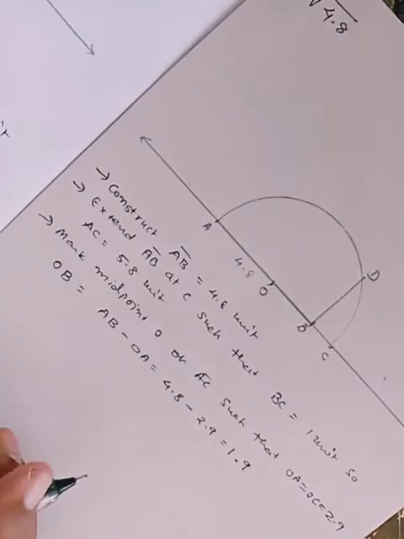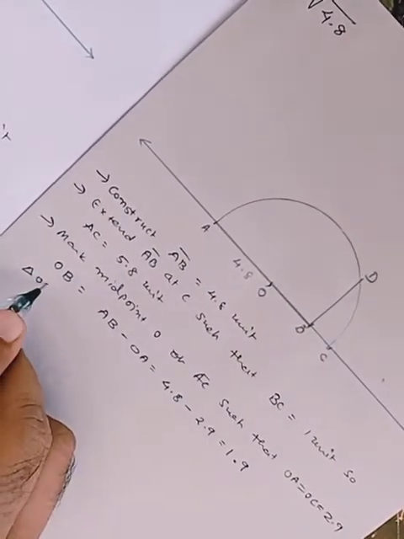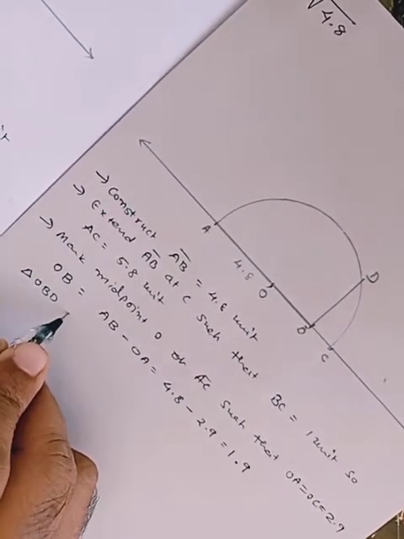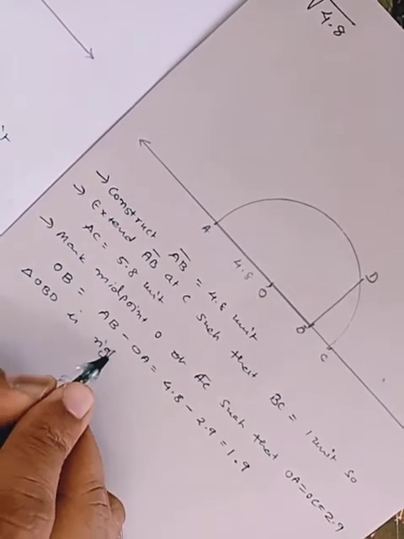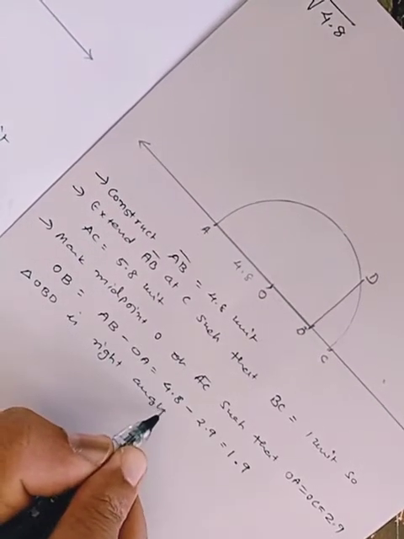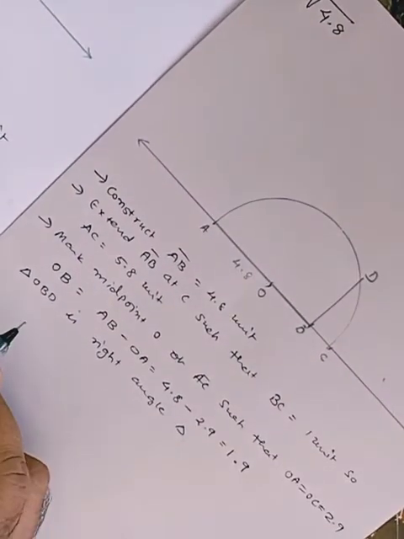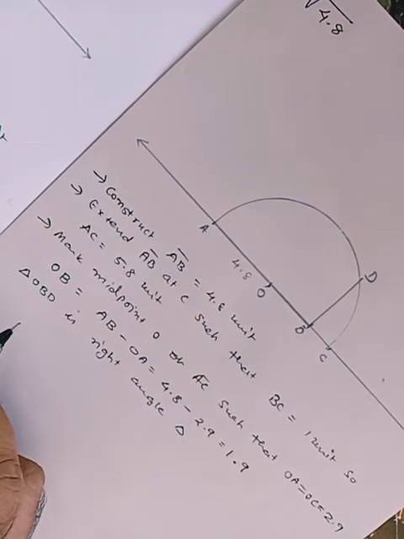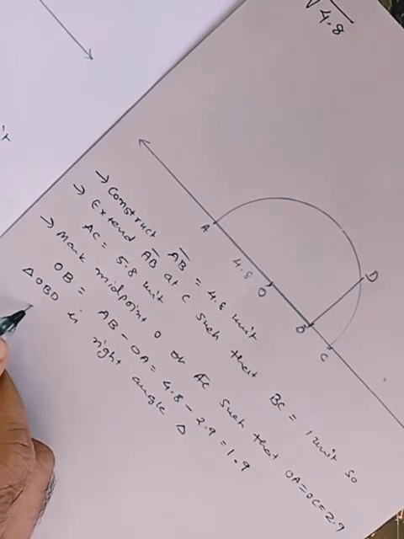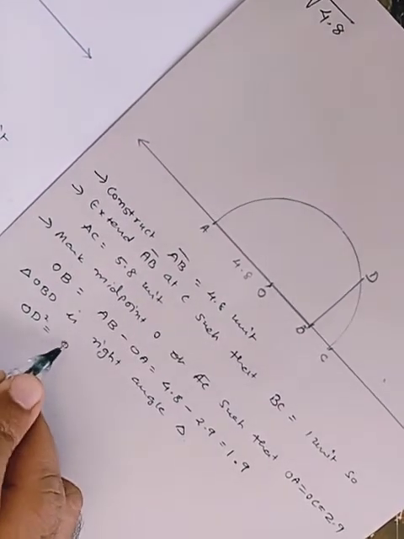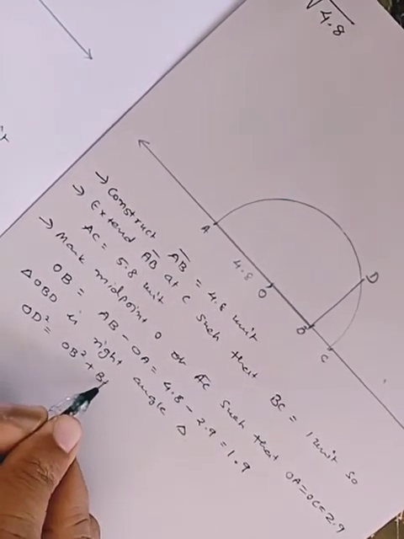And so triangle OBD is a right angle triangle. So OD square equals OB square plus BD square.